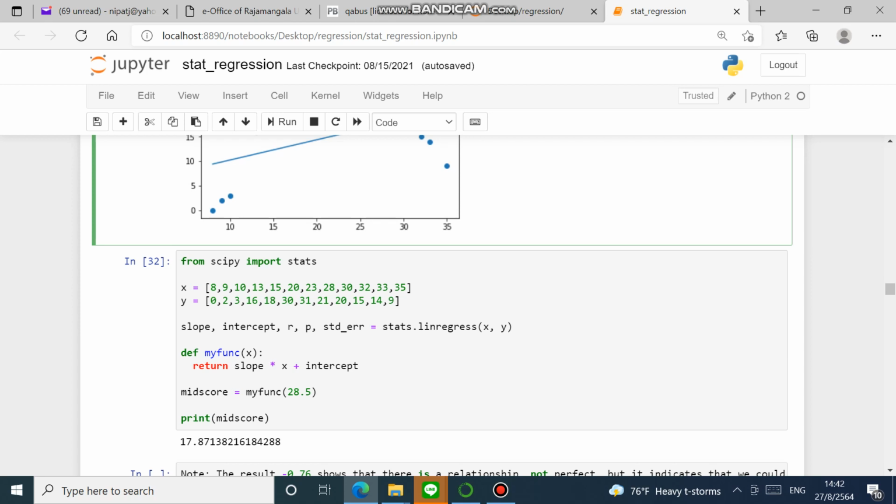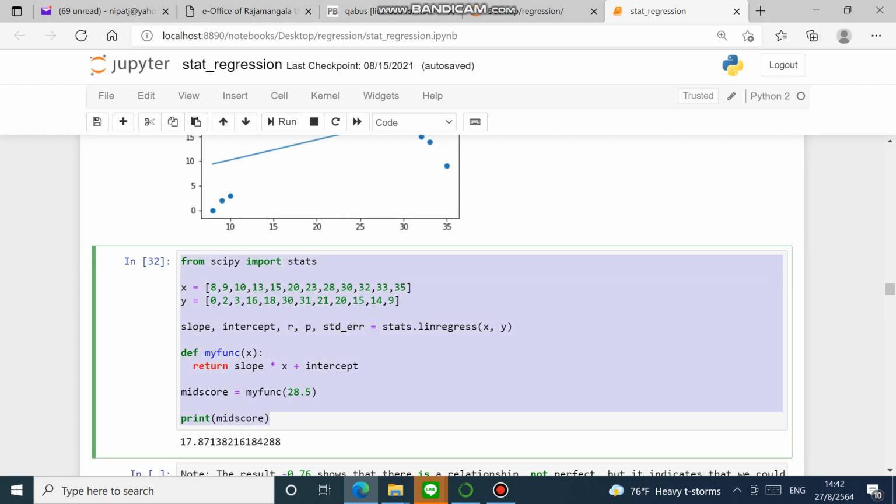Could you still remember this problem? This problem is a midterm exam question. If you still remember, I gave you the quiz test and the midterm exam test, and I asked you, if the score x is equal to 28.5, you can just predict the midterm score.